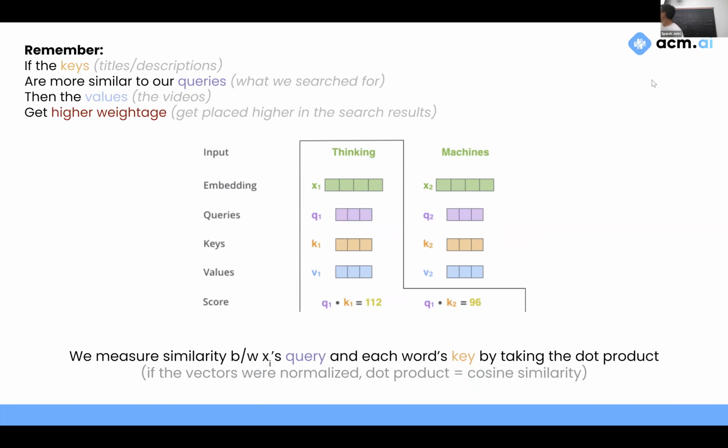So then what we do is we take the first word, thinking, right? We get the query dotted with our key, and that's our score. We're going to have a really high score because it's the same word. But then we also grab the key from the other word, and we get another score. And if we had another word, we'd also get another score. This is the similarity score after the fact.